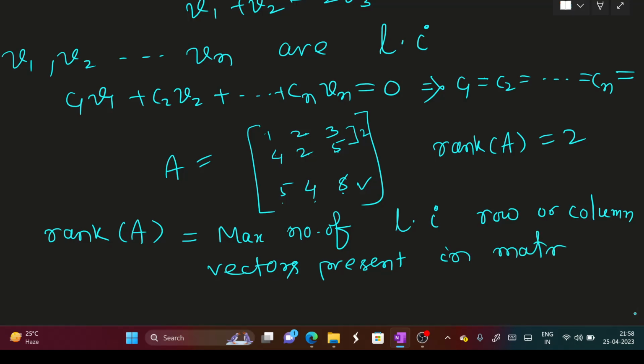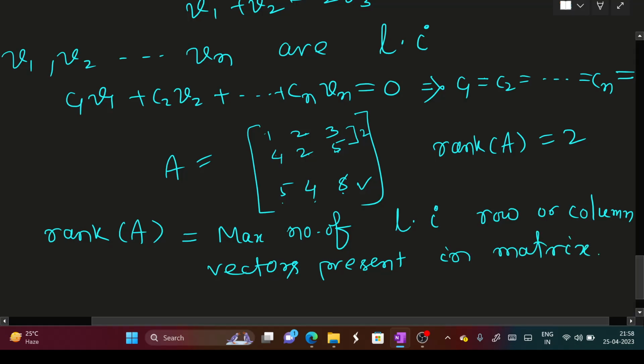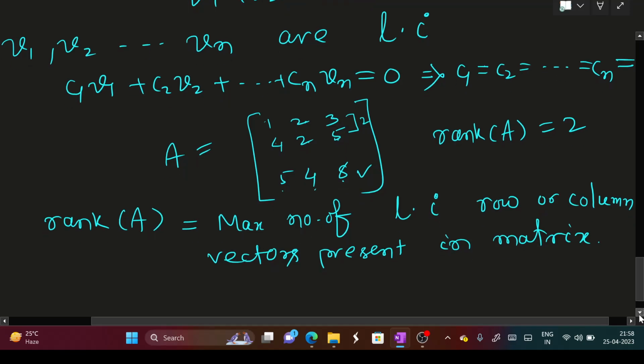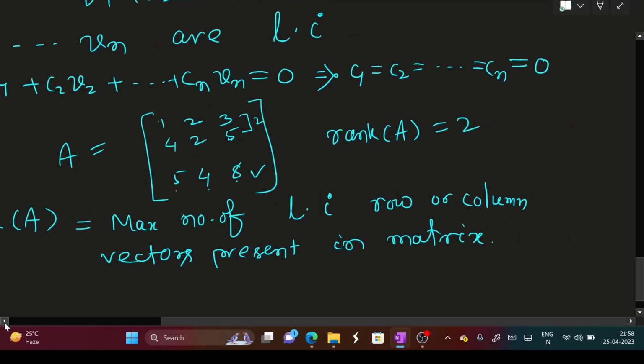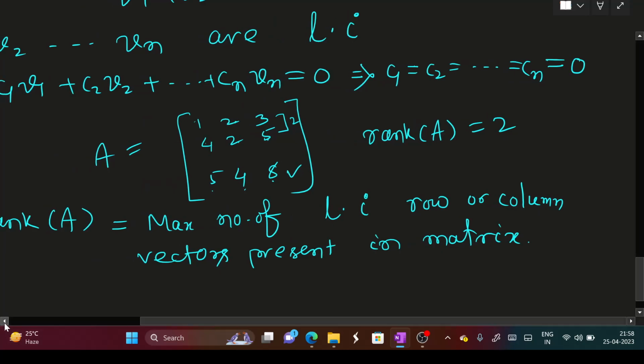This is the original definition of rank. But how to calculate it? How to calculate the rank of a matrix?